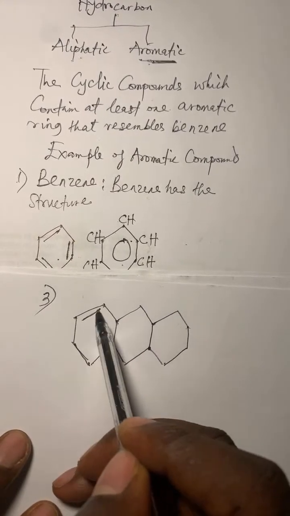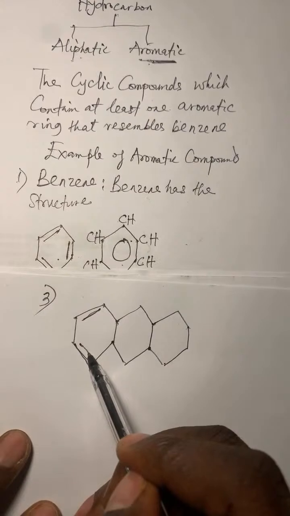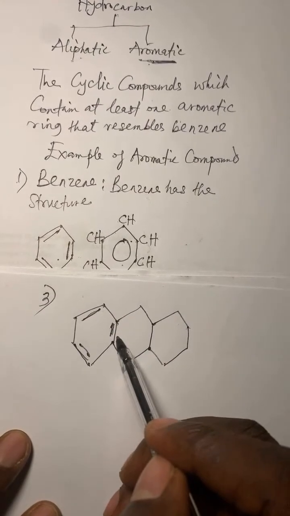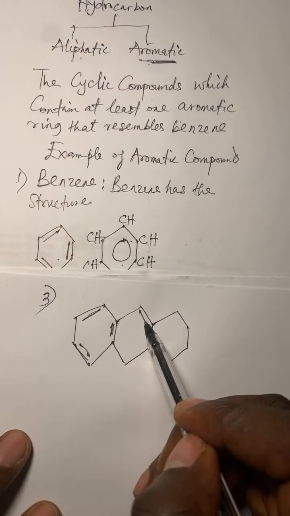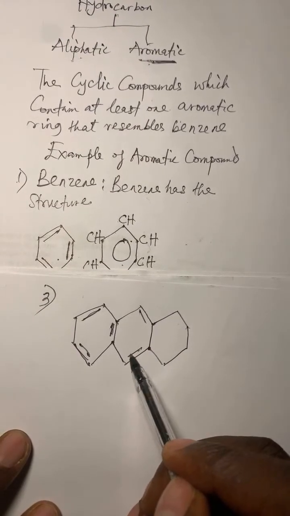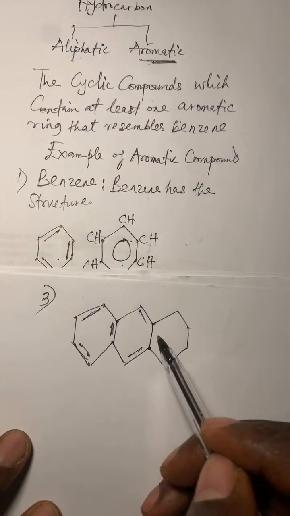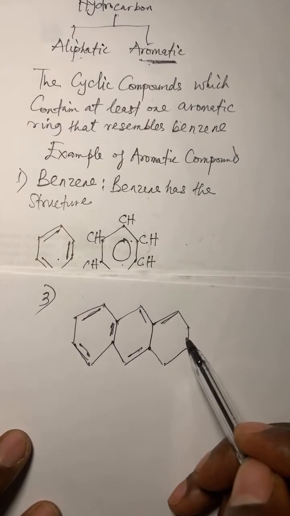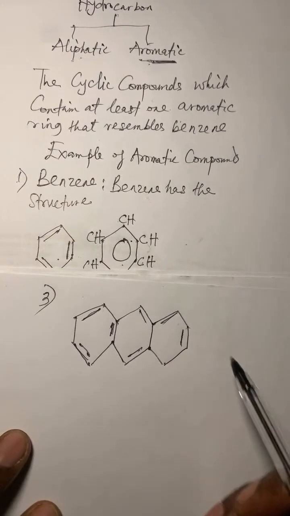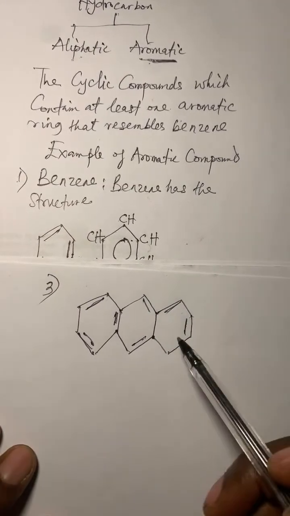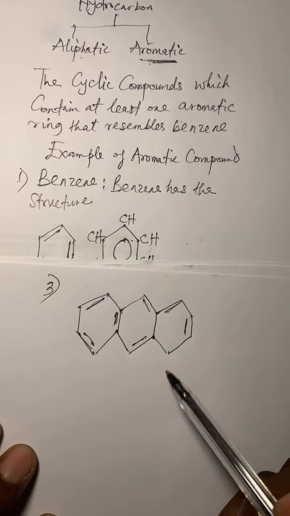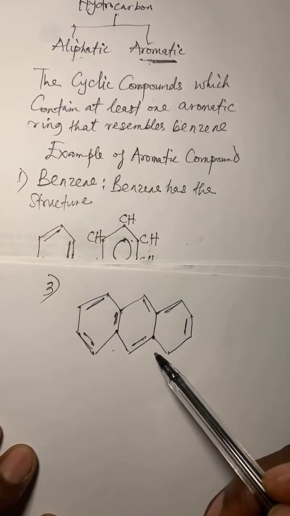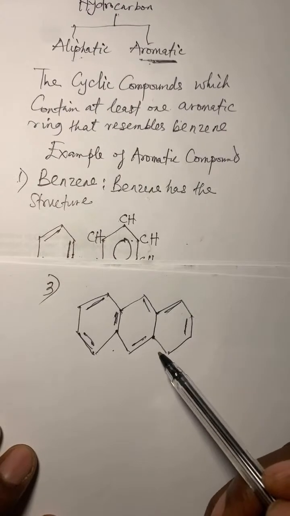So if you have a double bond here, another double bond here, and another one here, then you move forward to have another stroke there and another one somewhere here. So when we have three benzene rings attached together, what is the name given to such a case?